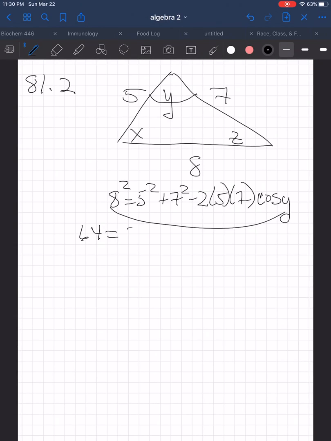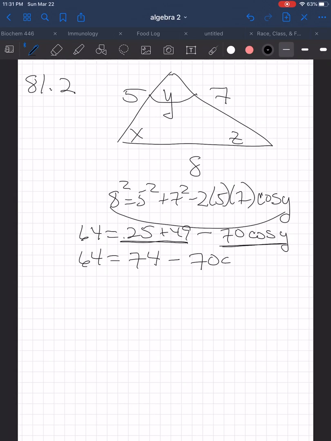All right, so we have 64 equals 25 plus 49 minus 10 times 5 is 70 times the cosine of y. Again, remember, this cannot be combined with these because these aren't multiplied by cosine of y. So 64 equals 5 and 9 is 14. 74 minus 70 cosine of y.